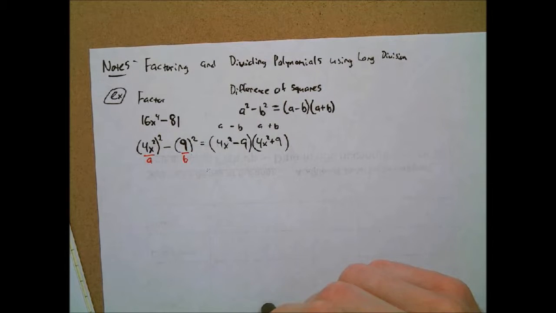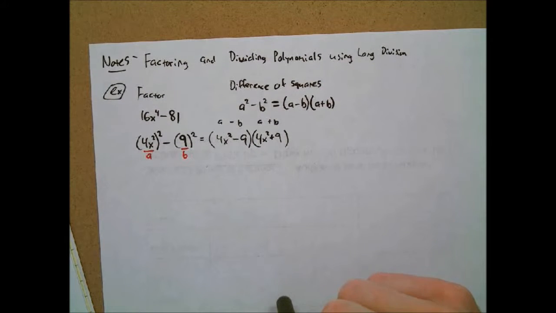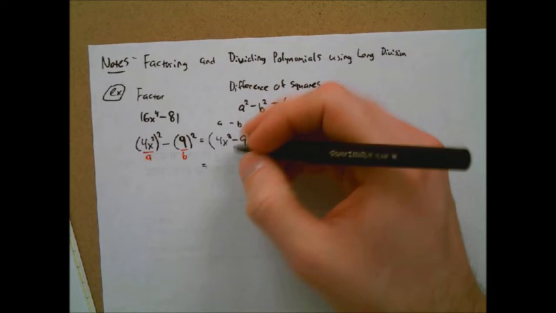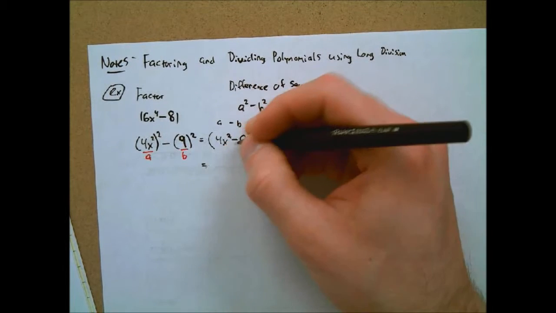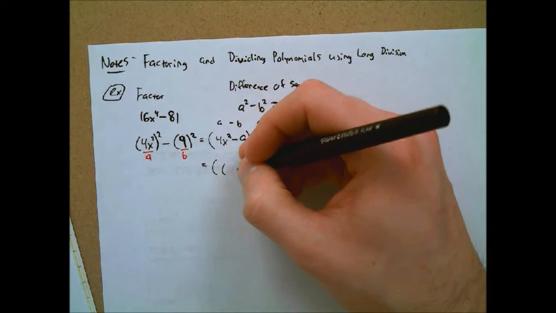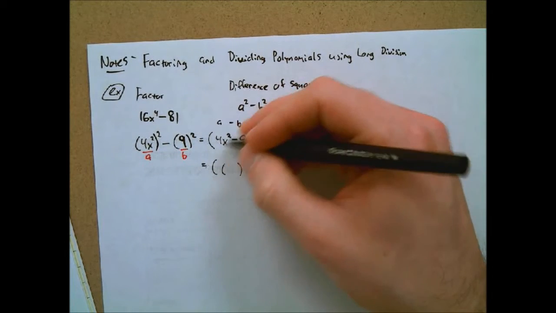Okay, now, there's another difference of squares here, isn't there? Our answer has a difference of squares in it, doesn't it? Yeah, it does, okay? So I'm going to further break this down. The 4x squared minus 9 is a difference of perfect squares, right? What squared gives us 4x squared?